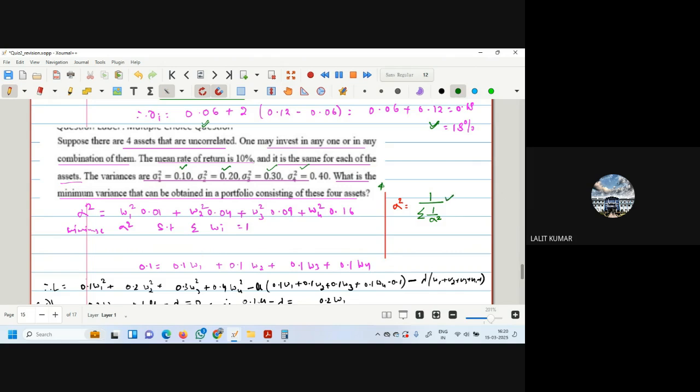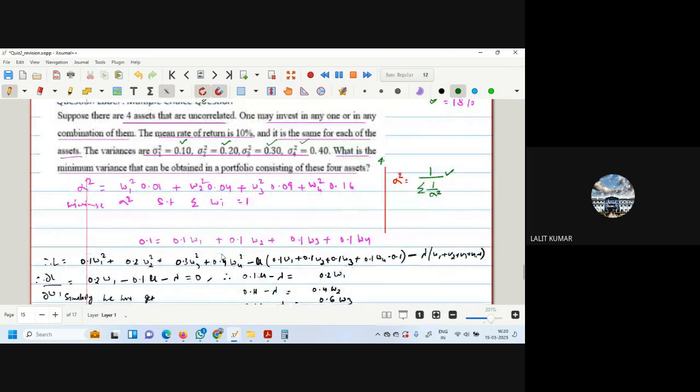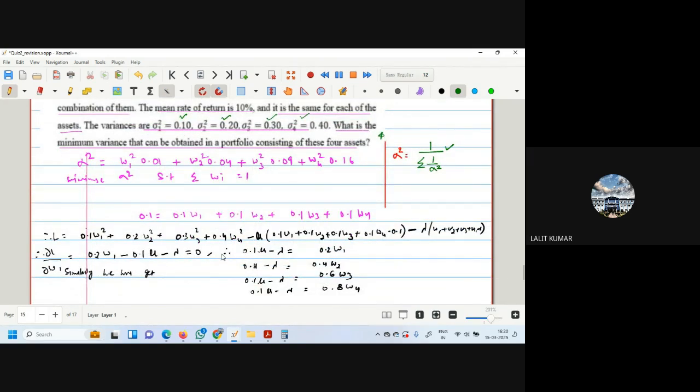In case during the exam you forget this formula, you can solve it using Lagrange also. What Lagrange does: we have to find the minimum variance, so we minimize variance such that the summation of your weights is 1. This is the condition. We have got 4 variables but only 2 equations, so we make a Lagrange function from here.